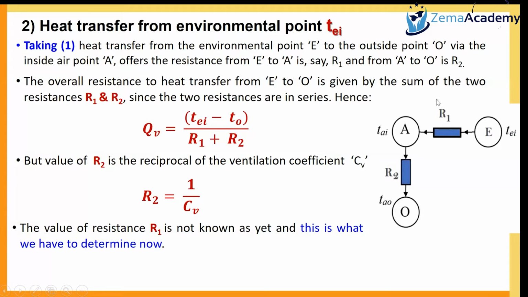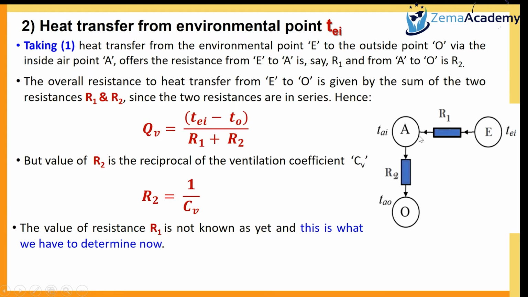One path is it will go to the inside air point, which is A, or the other path is it would directly go from this point to the outside point. When any heat added over here first goes to the inside air point, we are involving this resistance R1. And when we are considering any heat transfer from this point A to outside, we are involving this resistance R2.